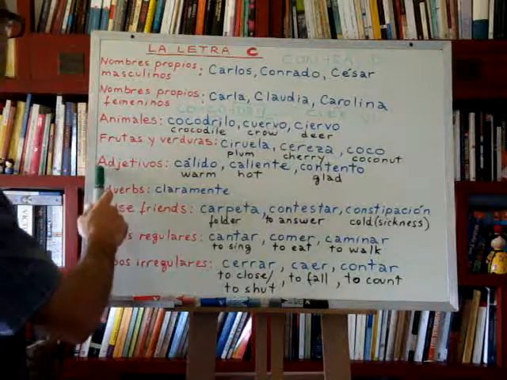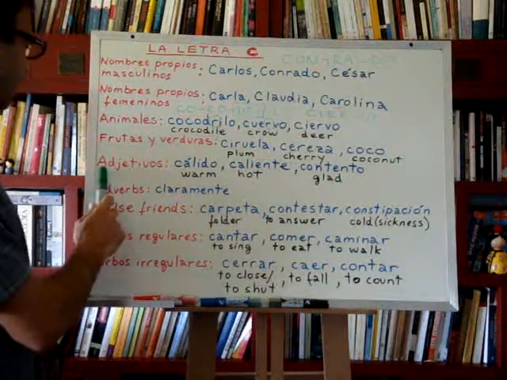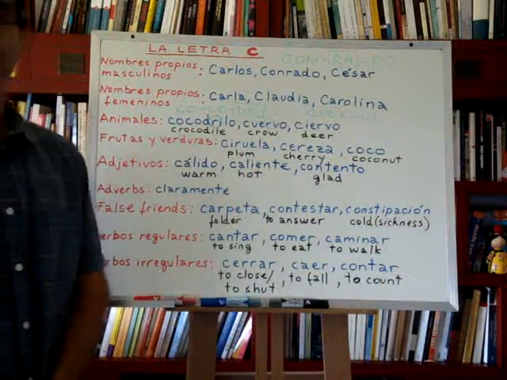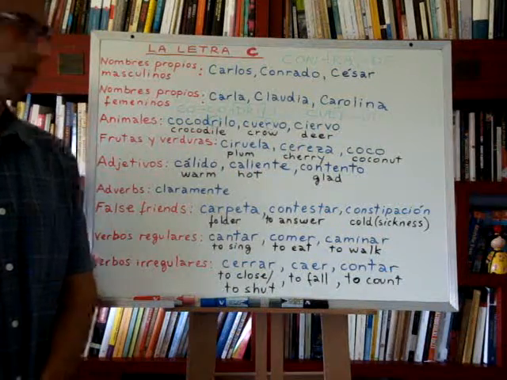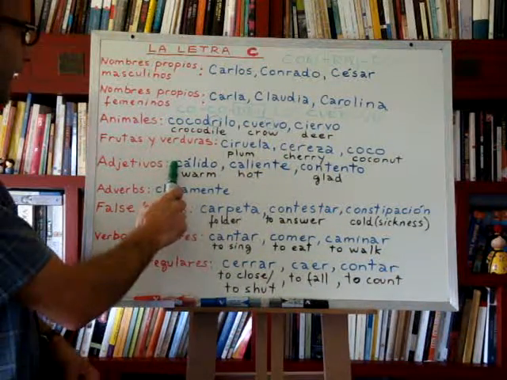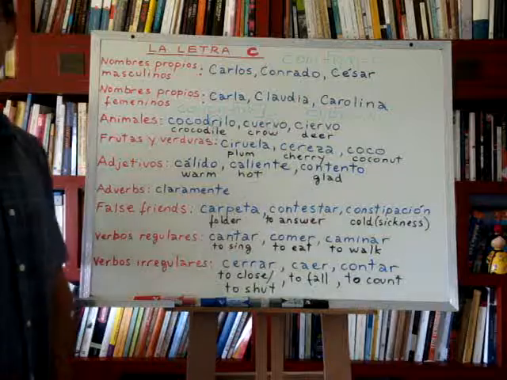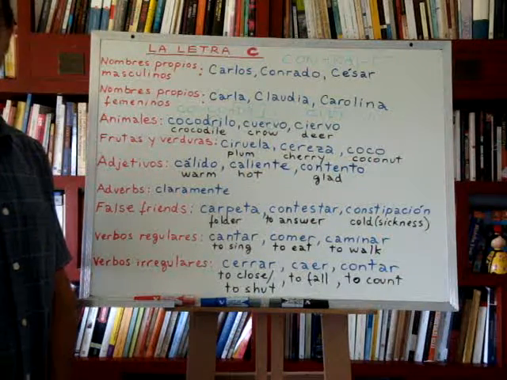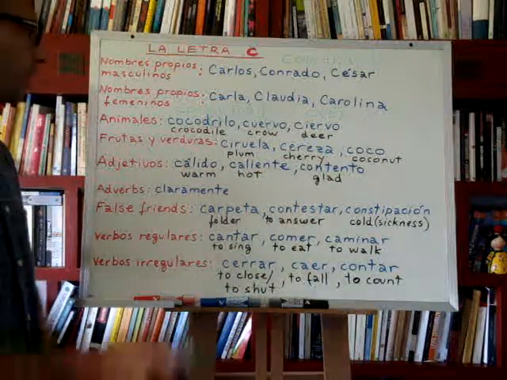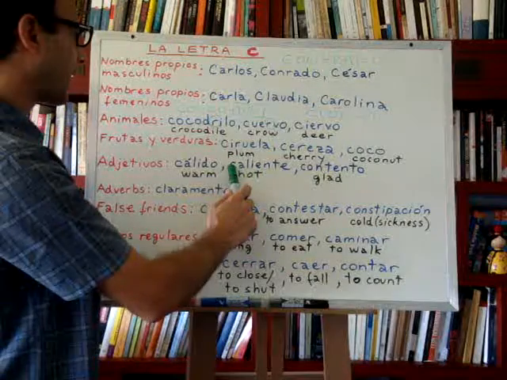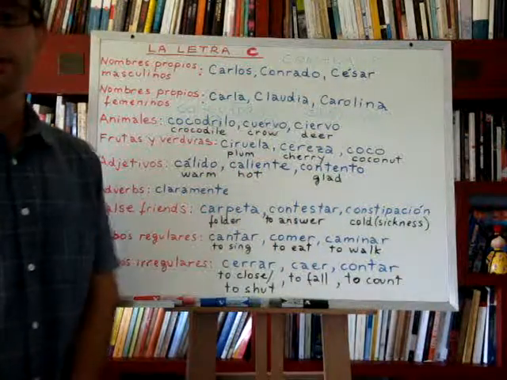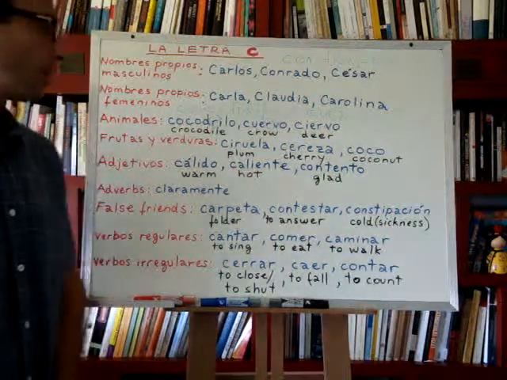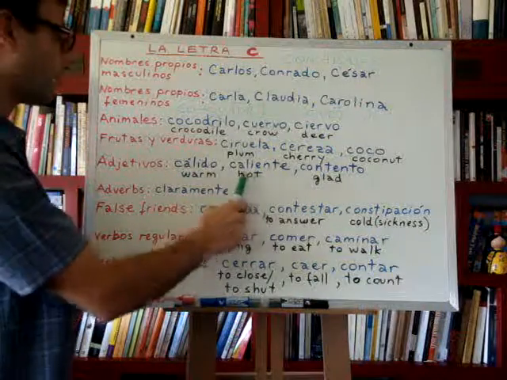Now let's see some adjectives or adjetivos. We have cálido. Cálido means warm. It's not the same thing as caliente. Caliente means hot, right? So, warm and hot.